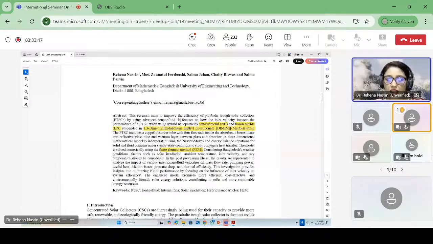And this is the geometry. You can see this is the reflector, that means the parabolic reflector. And here the sun comes.